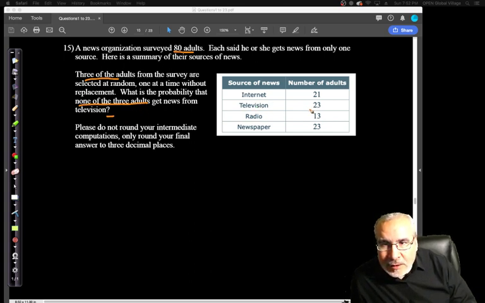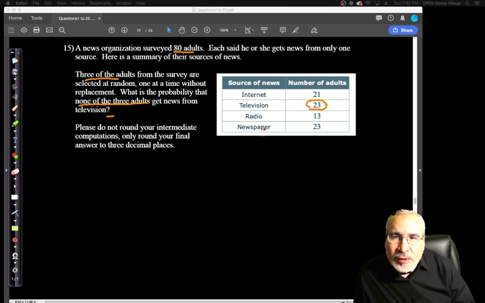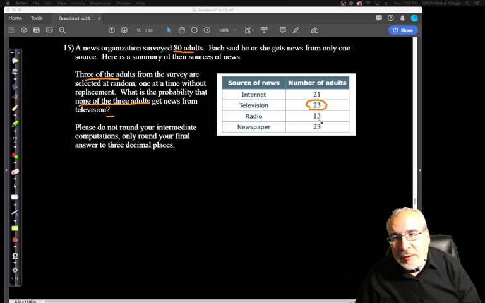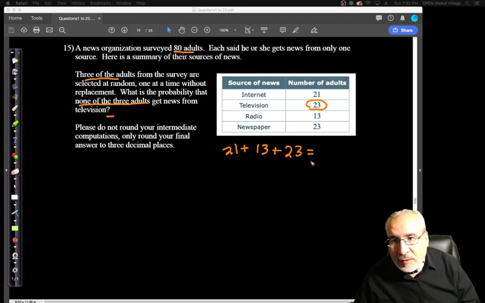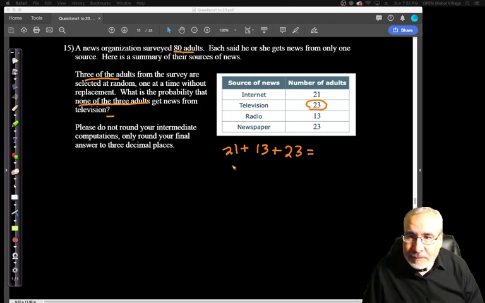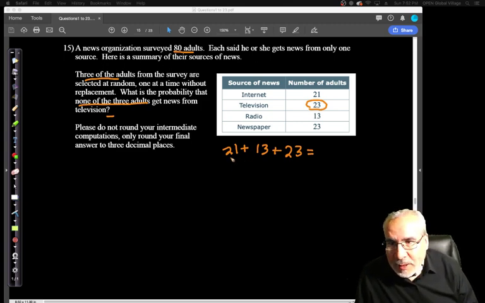So 23 get their news from television. We want the ones who don't get their news from television. So 2 ways to do this. We could add the other 3 numbers together. So 21 plus 13 plus 23. Or you could take 80 minus the 23. You should get both. Sometimes it's good to check both ways because a small calculation error can be a problem.